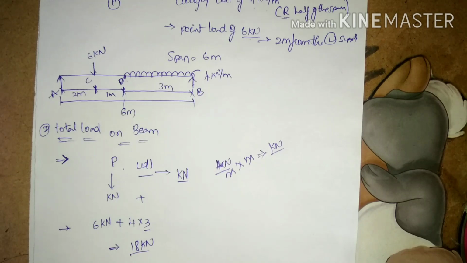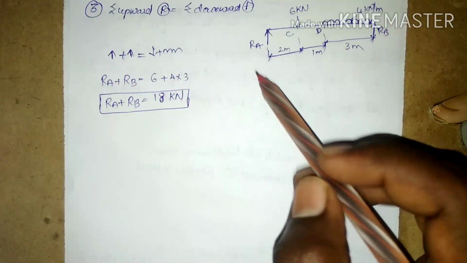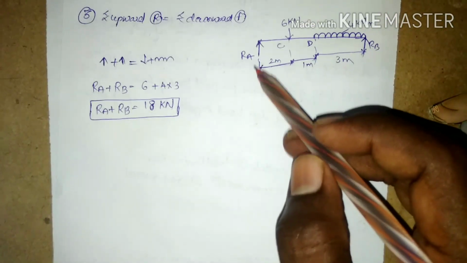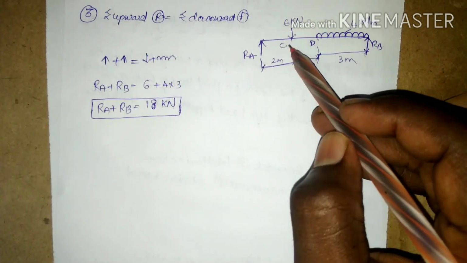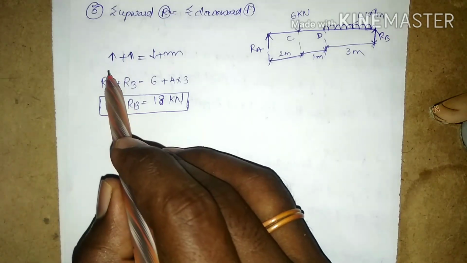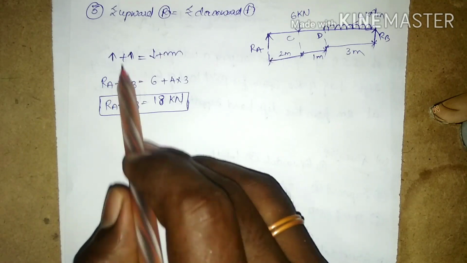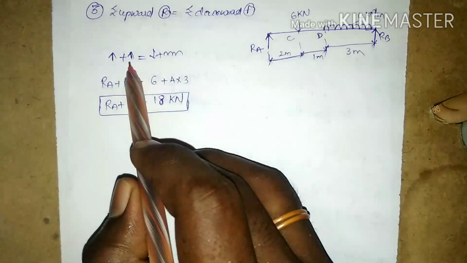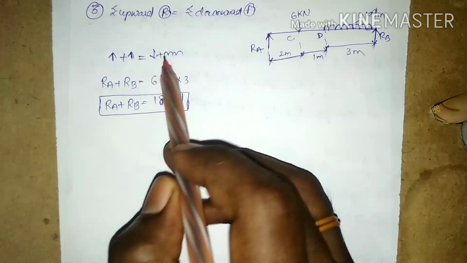Next, number 3, summation of upward reactions is equal to downward forces. Here we are having that diagram. Upwards are RA and RB, and downwards we are having a point load and the UDL. The same situation we write here: RA plus RB, because these are in the upward direction, on the LHS, is equal to the downward forces, the point load and the UDL.